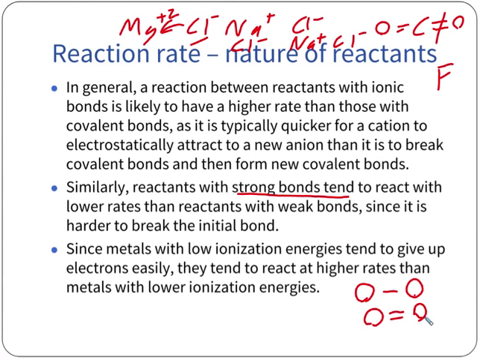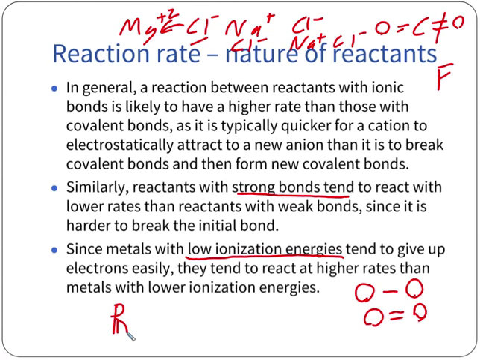Okay? Last one we have here, metals. Metals, remember, hold on to electrons loosely. They tend to have low ionization energies, but some metals have lower ionization energies than others. If you have a low ionization energy, it means that metal doesn't hold on to its electron very tightly, which means it's very easy for that electron to leave, and so it tends to leave more quickly.